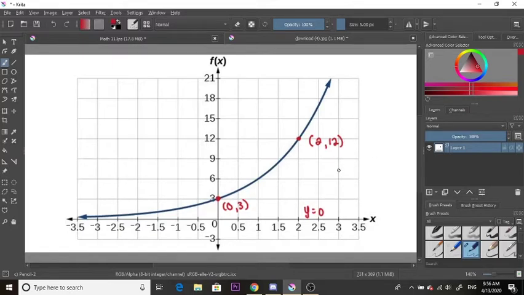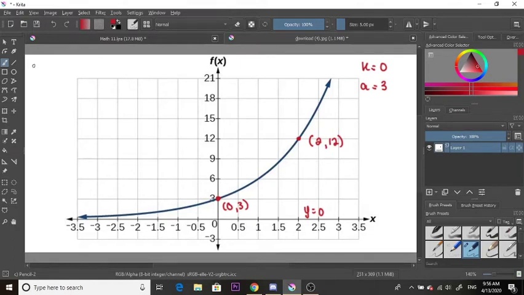So this is my first step. Second step is to identify my k. My k is 0. And then the second step is to identify my a. Now since my k is 0, my a is going to be 3, because 0 plus 3 is going to give me 3.